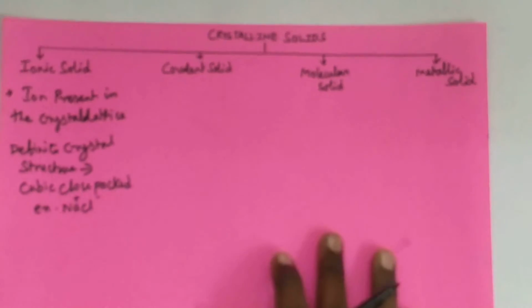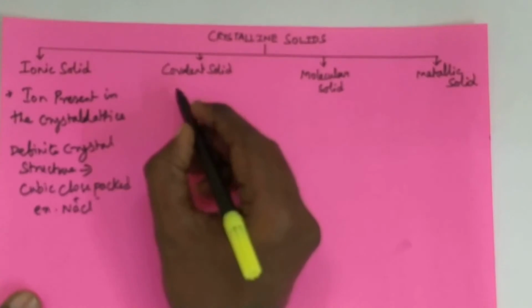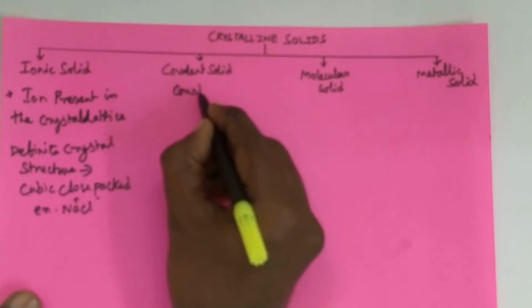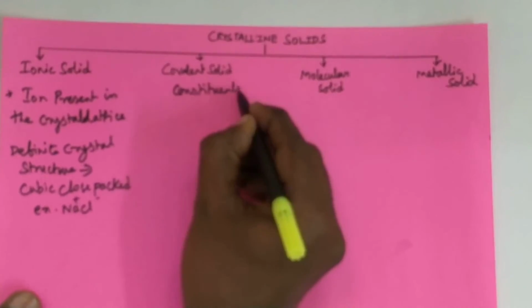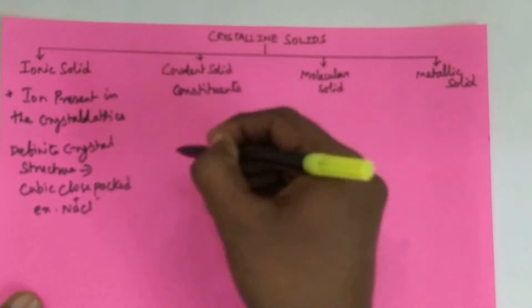Next one is covalent solid. Covalent solid means constituents, as I mentioned in the previous topic, constituents may be atoms, ions or molecules.